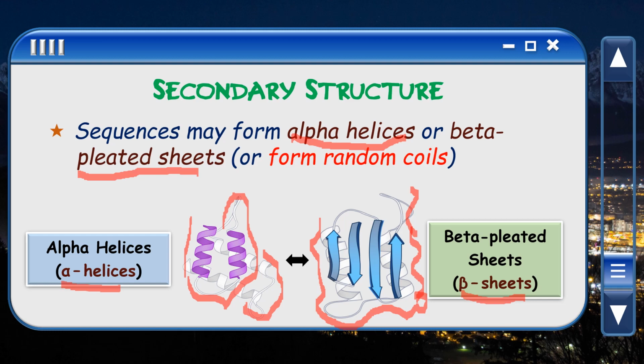So they can just form what we are referring to as random coils. They are not specific coils that go only one side. So those are the sequences. We have the alpha helix, and then we have the beta pleated sheets. But all of them are secondary structures of proteins.